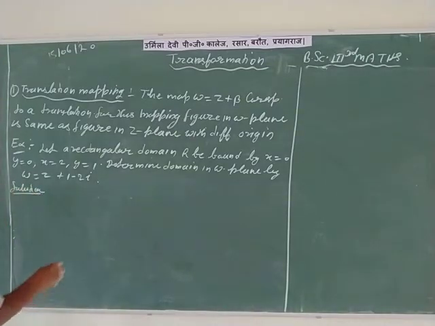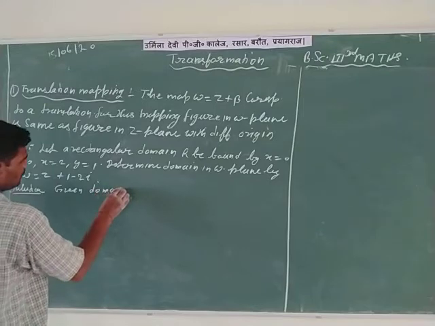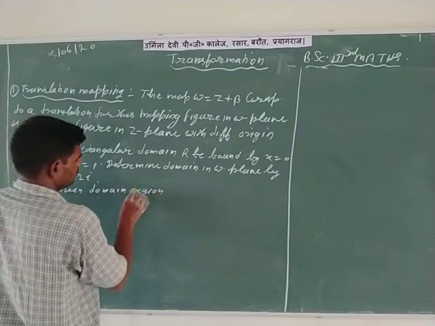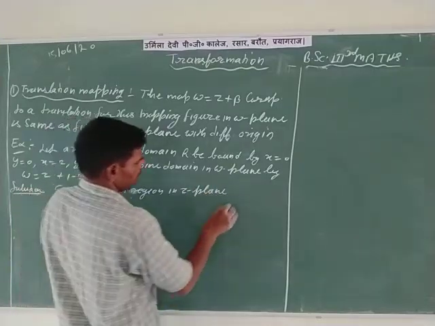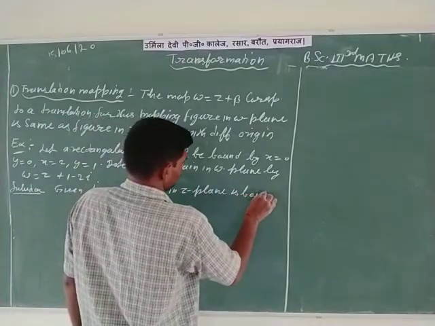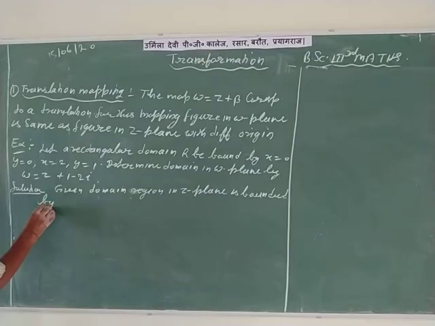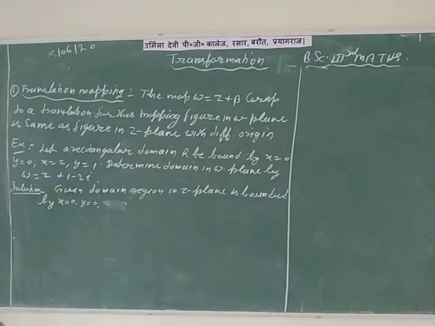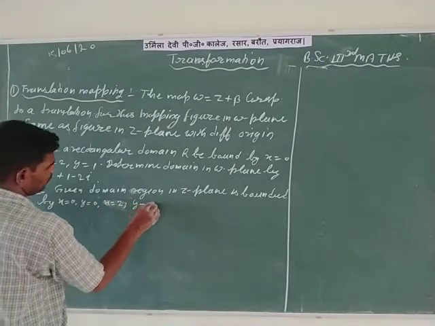First, given that the domain region in the Z plane is bounded by x is equal to 0, y is equal to 0, and x is equal to 2, y is equal to 1.